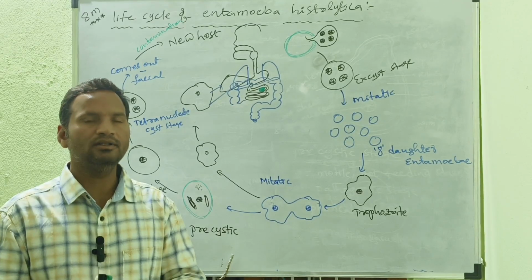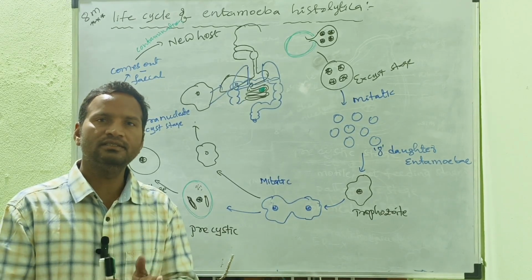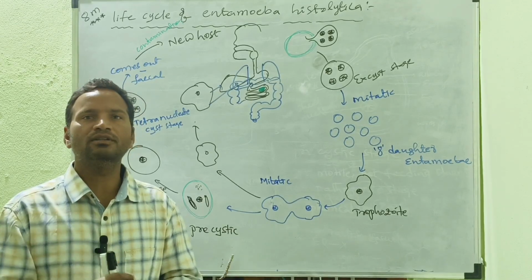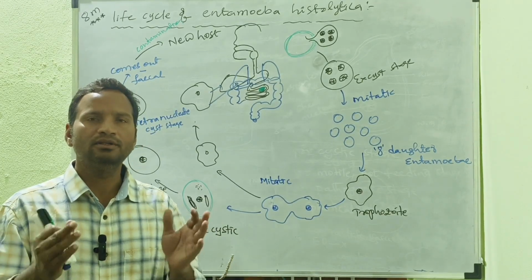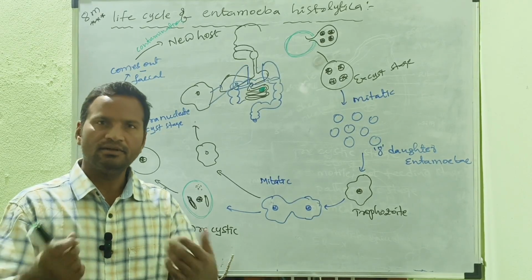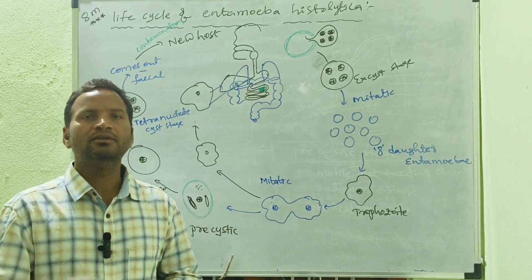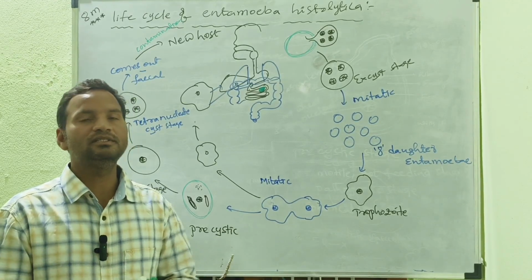Prophylaxis, I think you know very well. This disease spreads from one person to another through contamination. Contamination means polluted food. What are the solutions here? How to prevent this disease?